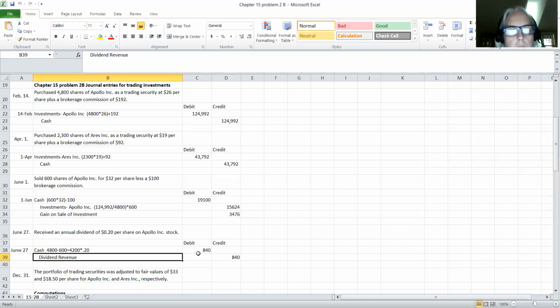This dividend revenue would show up as other revenue on the income statement. So at the end of the year, when we prepare our financial statements, dividend revenue would be increasing the amount of our revenue on the income statement. And again, it goes in the other revenue section.